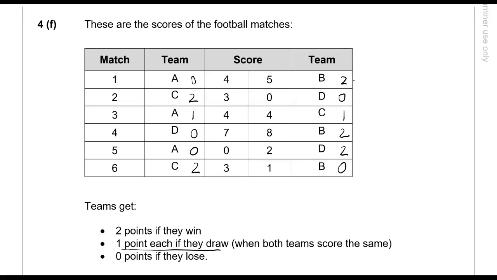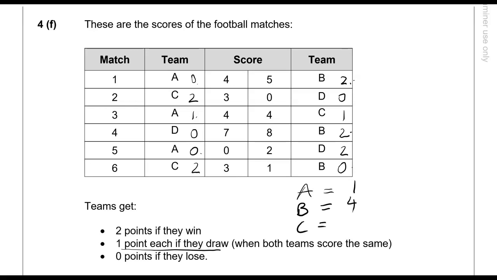Now let's just add all the points together. So team A, they got 0 and 1, that is 1, and 0, that is 1. So 1 point in total for team A. Team B, they've got 2 points and another 2, that's 4, and 0, that's still 4.